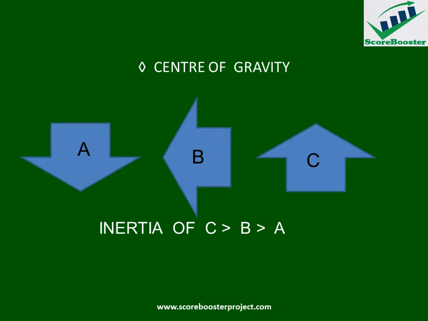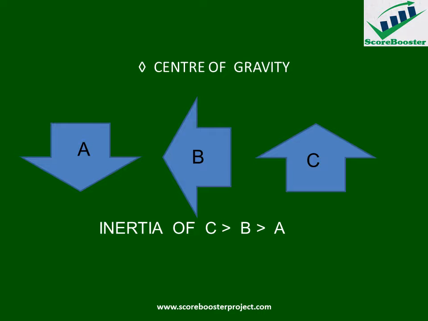Now let's consider another illustration using the center of gravity. If you look at object A, the center of gravity is highest, while in B it is medium, while in C it is lowest.